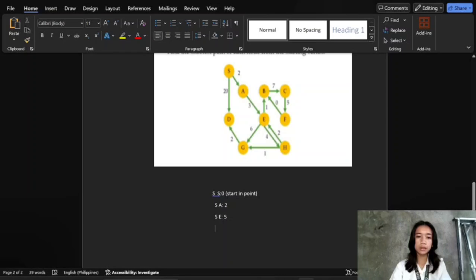Ay, tama, 3. Tama, 5. Eh, 2 and 3 plus 5. Because S, 2, diba, we started at S and A, 2, plus 3. Okay.